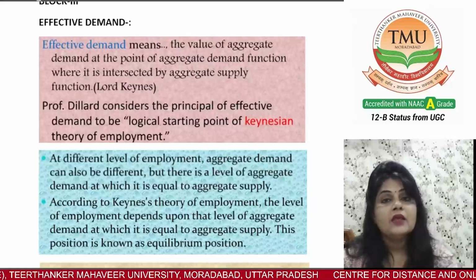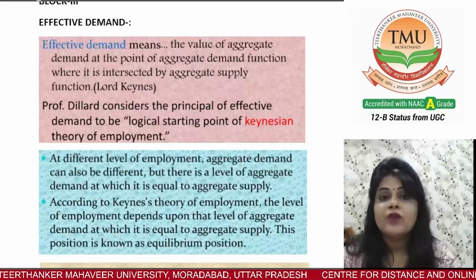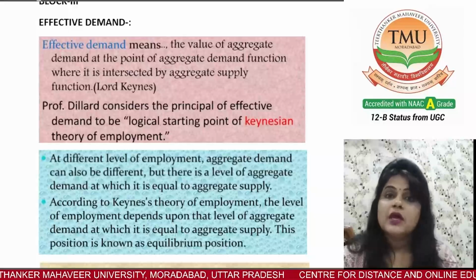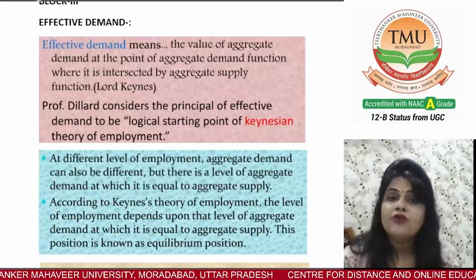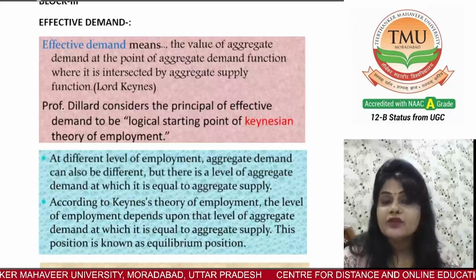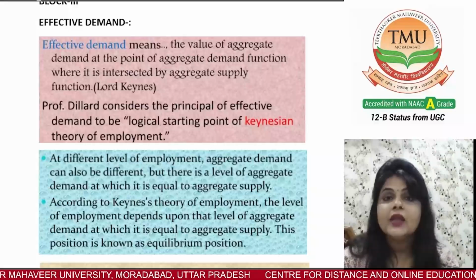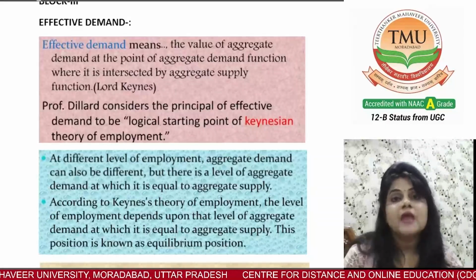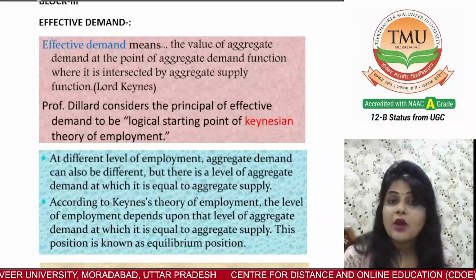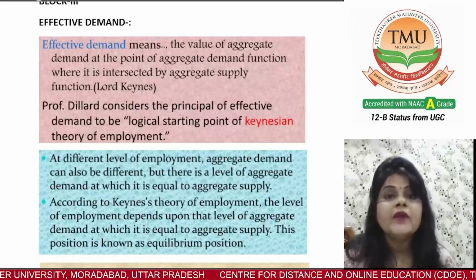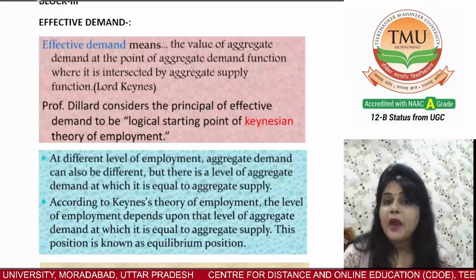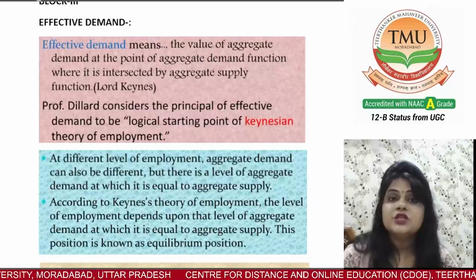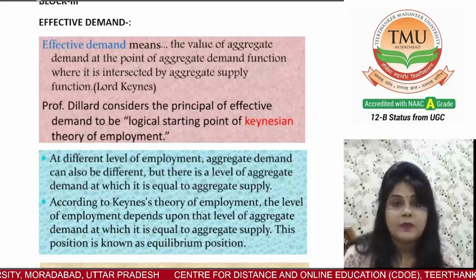So, Keynes says at different levels of employment, aggregate demand can be different. I have also explained this, but there is a level of aggregate demand at which it is equal to aggregate supply, where aggregate demand and aggregate supply intersect each other. According to Keynes' theory of employment, the level of employment depends upon the level of aggregate demand at which it is equal to aggregate supply.